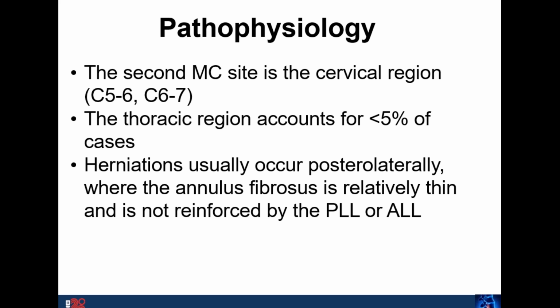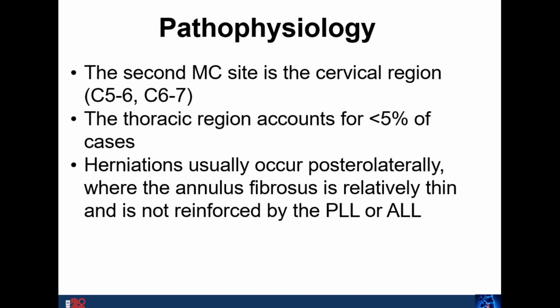The thoracic region is actually quite rare as far as disc herniations go, with less than 5% of herniations found in the spine occurring in the thoracic region. Oftentimes that occurs with trauma. One of the more famous cases of thoracic disc herniation was, back in the day, Wayne Gretzky, who was out of commission with thoracic disc herniations.